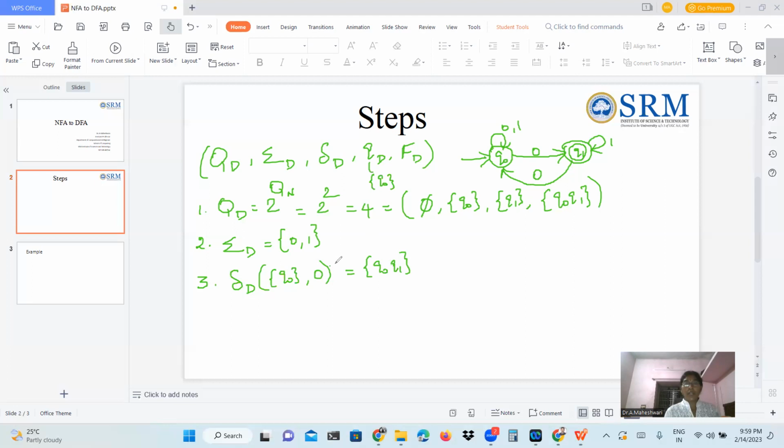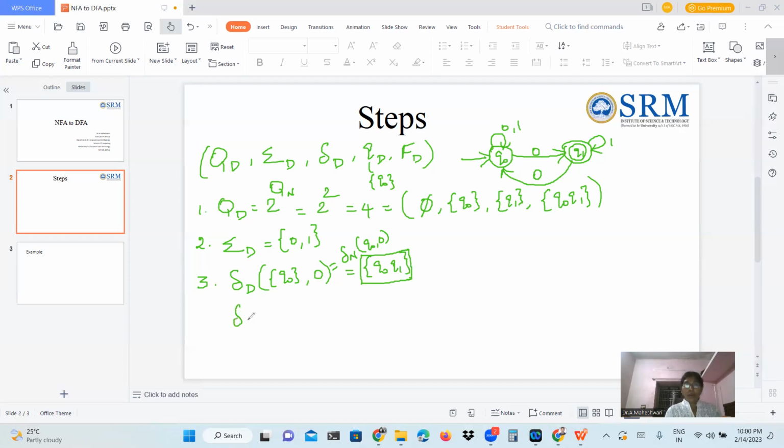You can write one more statement first: transition of NFA on Q0, 0. I need an answer for Q0, 0, but you have to refer to the NFA, right? So the transition of NFA on Q0, 0 is equal to Q0 and also Q1. Together you can write it like this. So I got one new state, whose value is Q0, Q1.